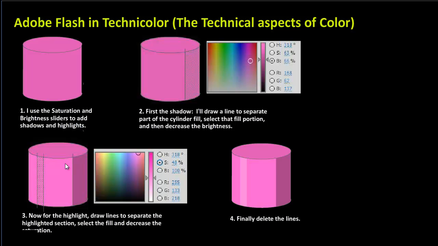By the same token, if I wanted to add a highlight, I could create two lines and it'll select the fill in between, and I would take the saturation and maybe bring it down, or I could take the brightness and bring it up, either way, but that's going to give me a nice little highlight in my cylinder.